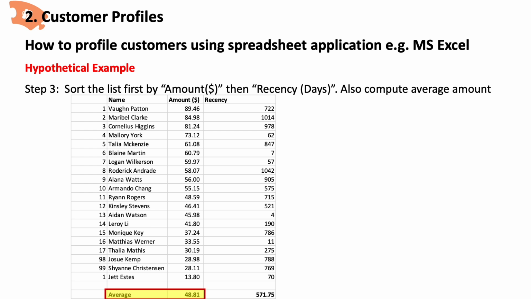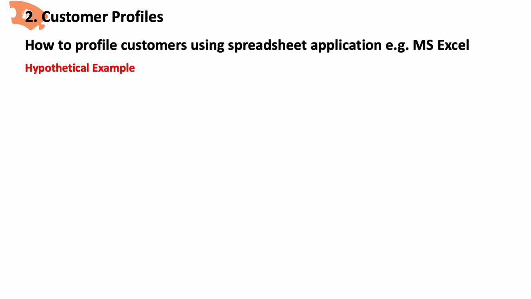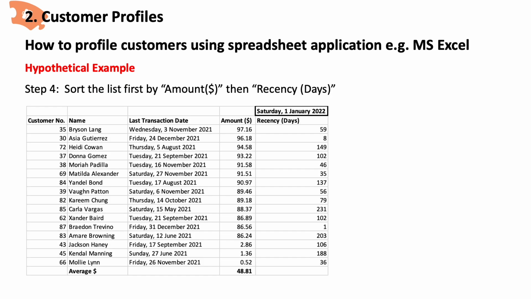I also computed the average amount to enable me assess the size of the base that is either above or below the average transaction value. This is a combination of both filters by amount and recency, where amount is from largest to smallest but recency runs from smallest to largest.